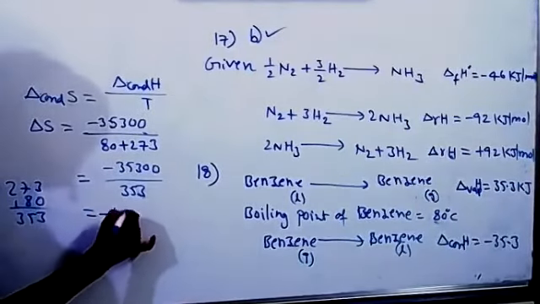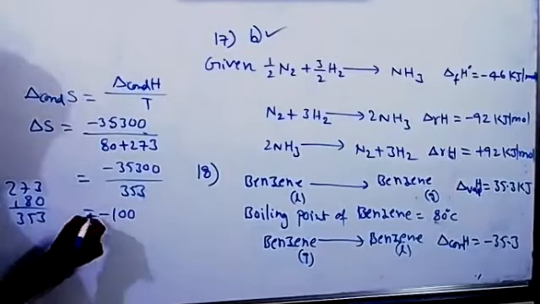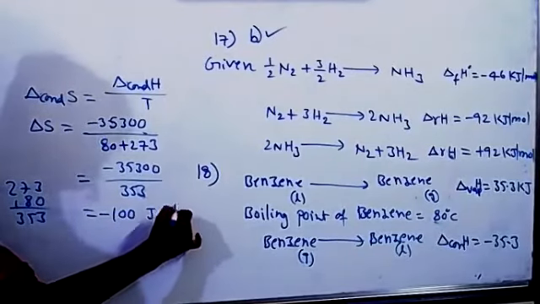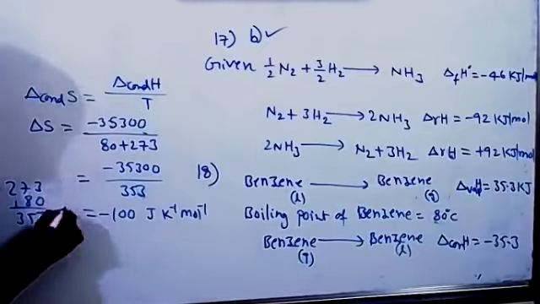So it gives minus 100 joule Kelvin inverse mole inverse. This is delta S.